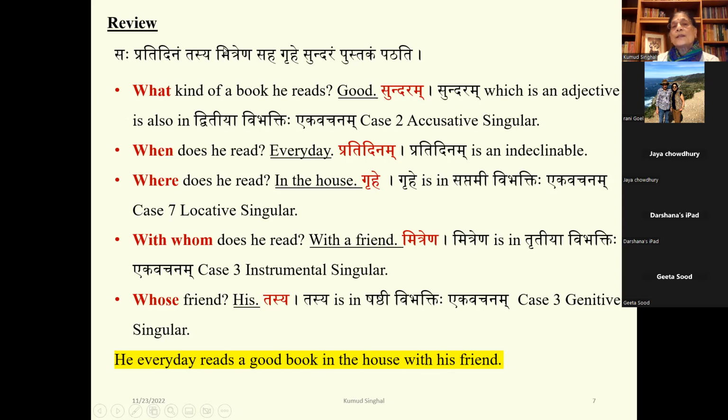Mitrena is with the friend. So it is tritiya vibhakti ekavachanam. Grahe, in the house. Saptami vibhaktihi ekavachanam. Sundaram pustakam, they are in dutiya vibhaktihi ekavachanam.